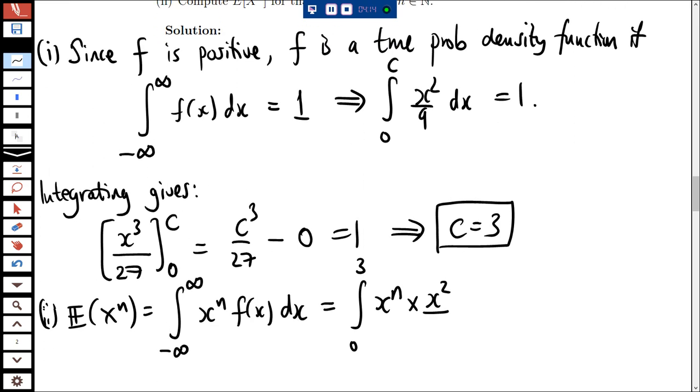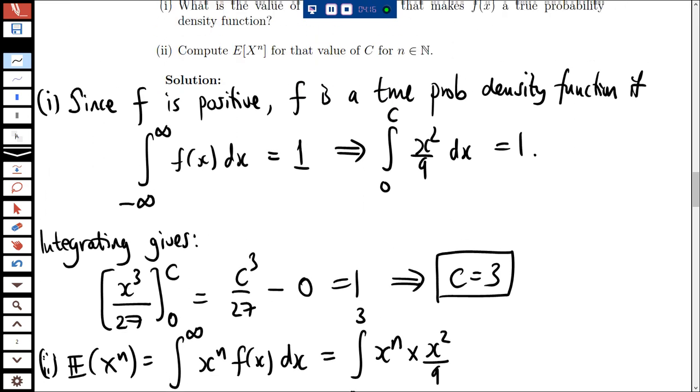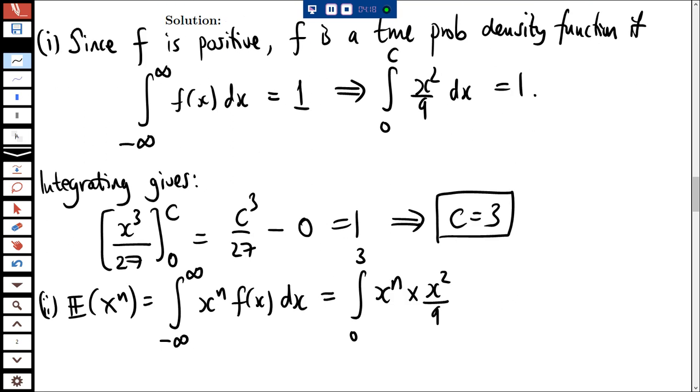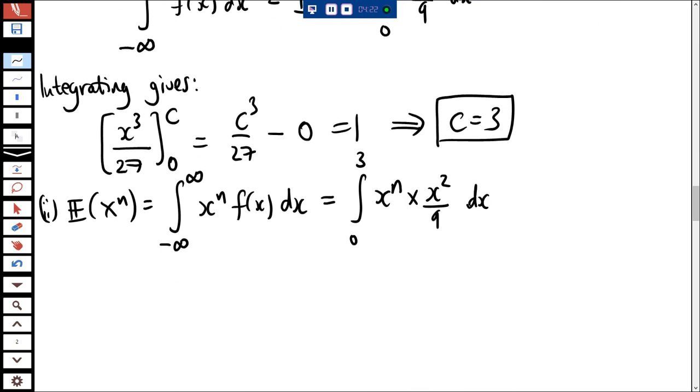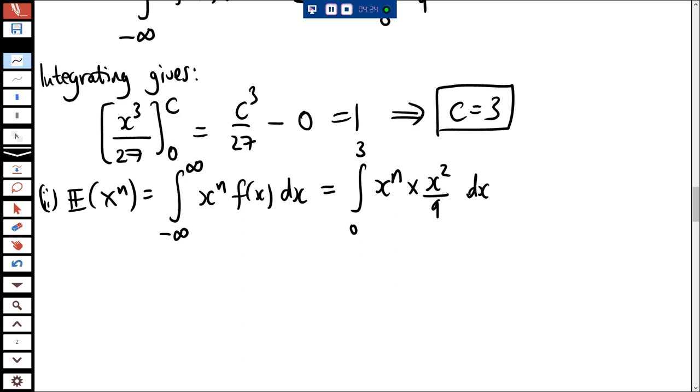We know the PDF is x squared over 9. Okay, so the problem just breaks down to integrating this function which depends on n, which is quite simple. So we're integrating x to the n plus 2 over 9 between 0 and 3.